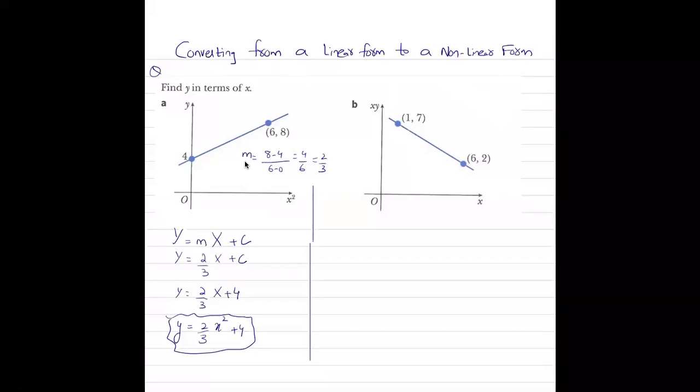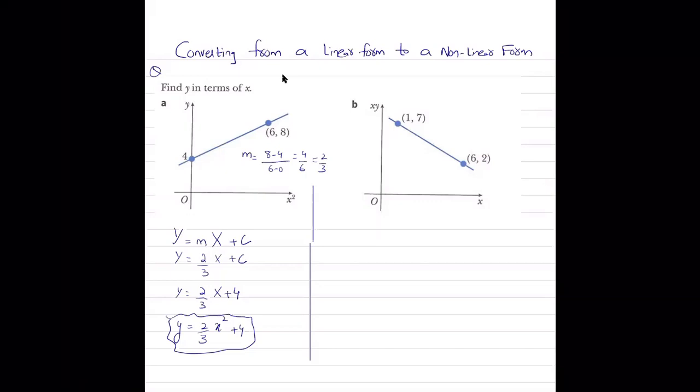Will it be xy equals to minus x? Let's check. First of all, you are going to find the gradient, which is going to be a negative 1. 2 minus 7 over 6 minus 1, minus 5 over 4 is your gradient. So capital Y equals m capital X plus c.